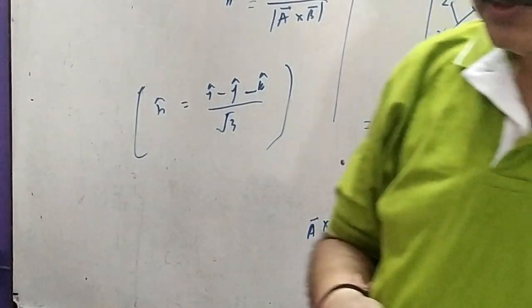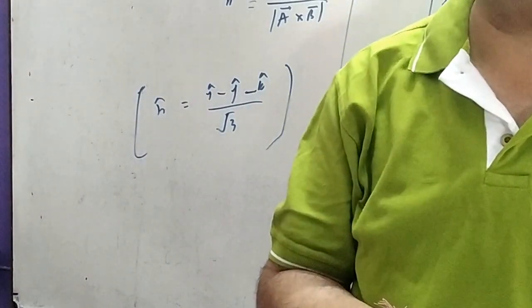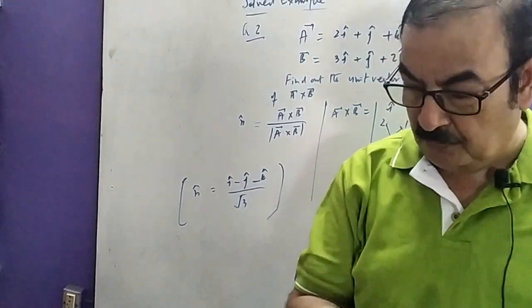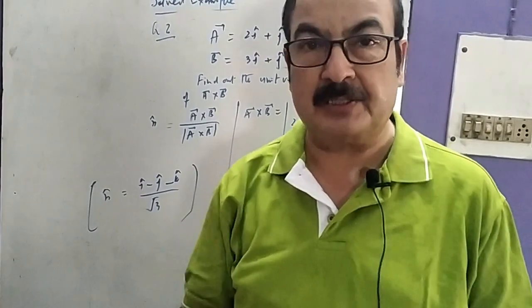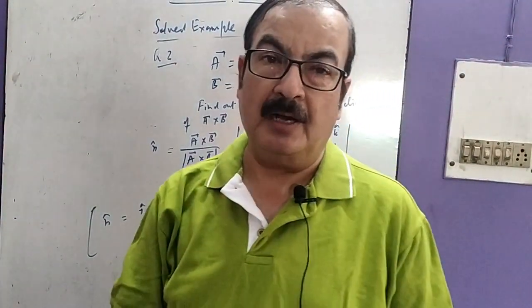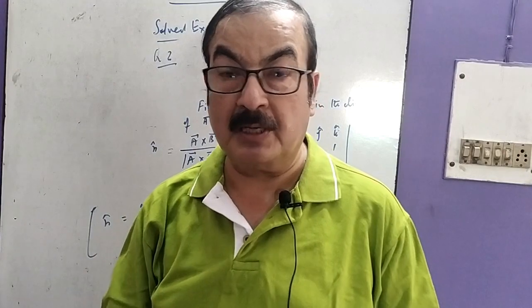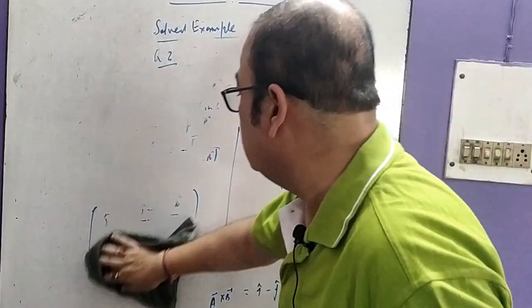Suppose someone says that two vectors are parallel. If two vectors are parallel, then what conditions could we have? If it is said that A and B are parallel to each other, what is the possible condition?